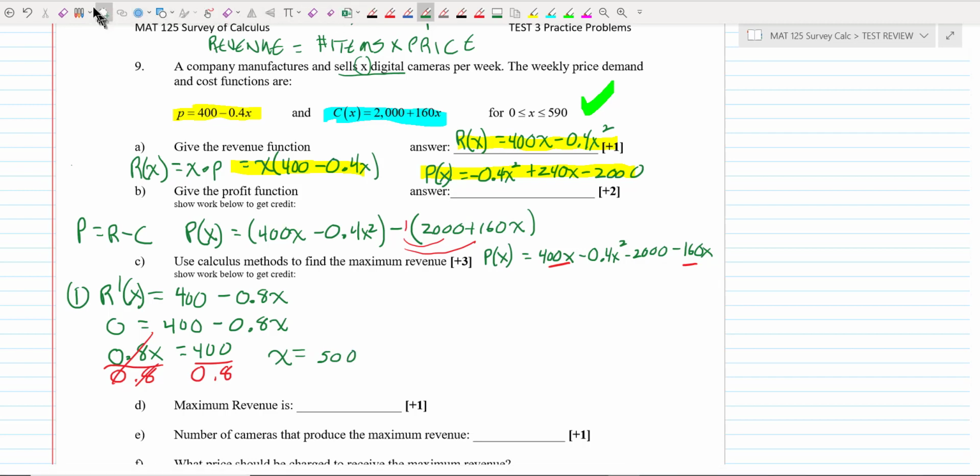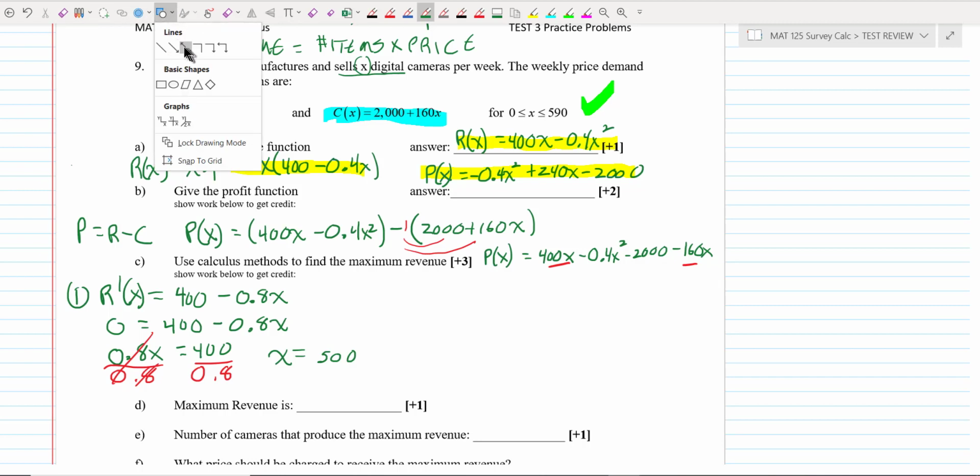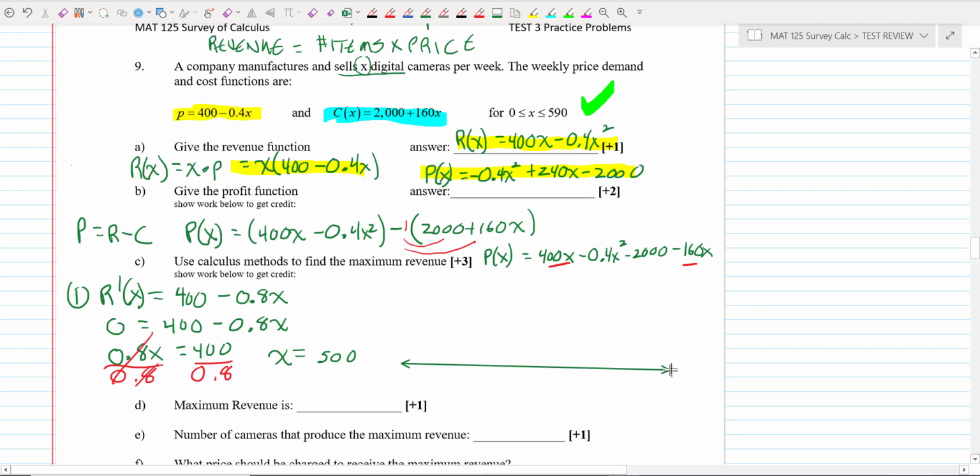Okay, so now we're going to make a sign chart. After we find a critical number, the second thing we want to do is look at a sign chart. Test the derivative on either side of the critical number, 500. We know that the derivative is 0 at 500.